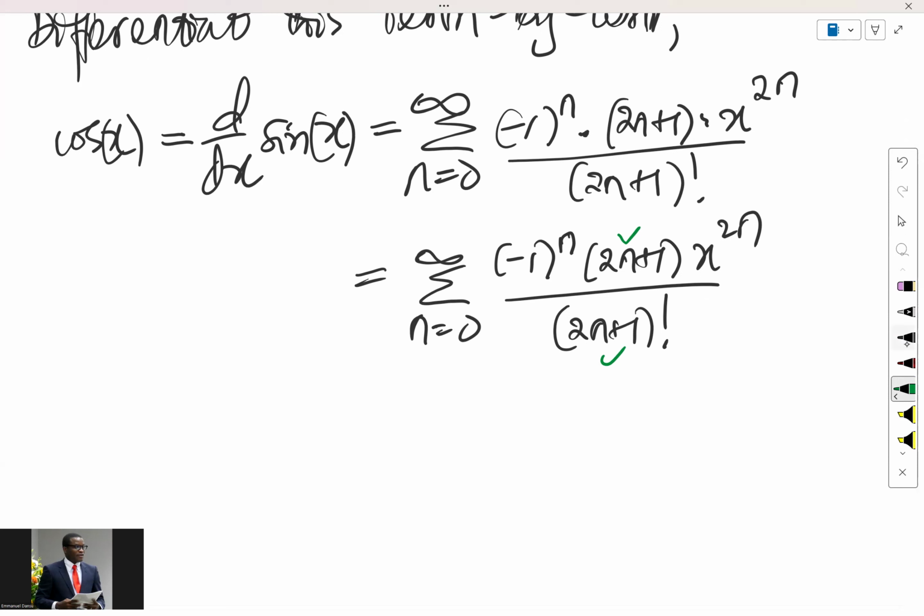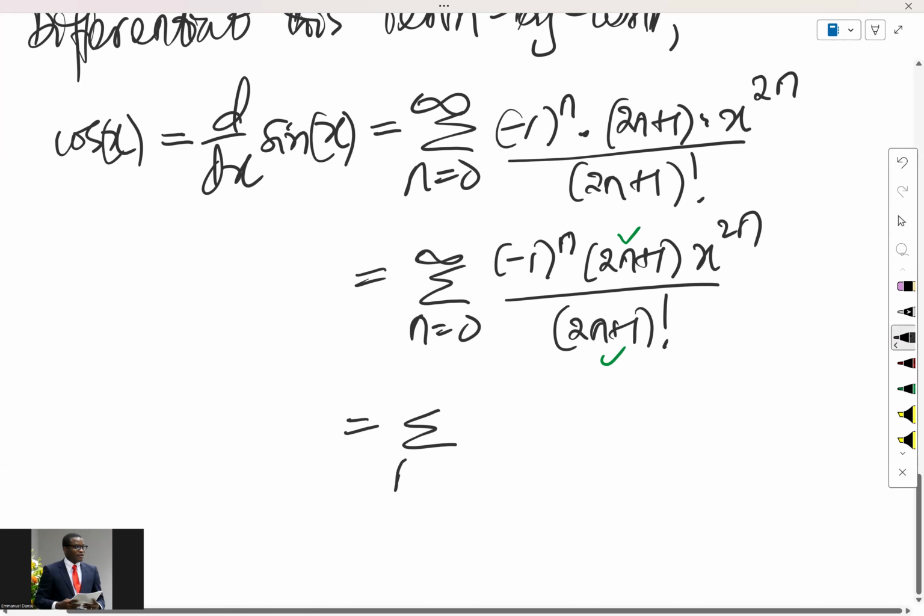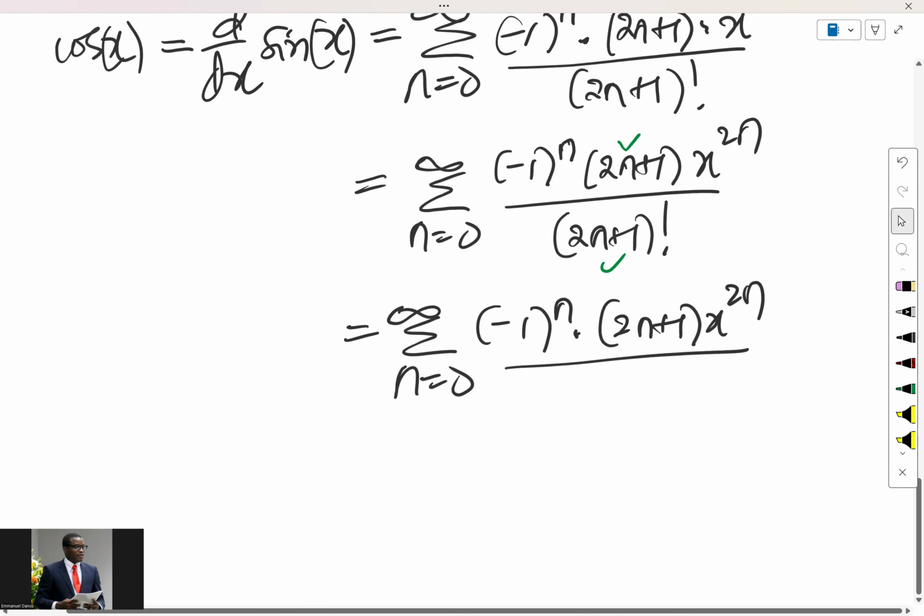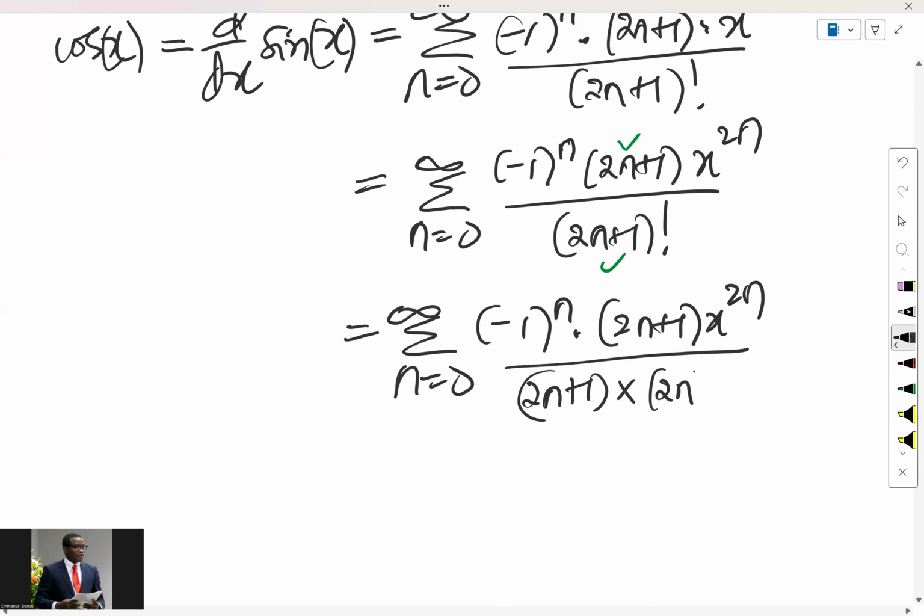So if we tidy that up, it means we have summation from n equals 0 to infinity of minus 1 raised to power n, then this is 2n plus 1, x raised to power 2n all over. 2n plus 1 factorial is the same thing as 2n plus 1 times 2n plus 1 minus 1. That's 2n, so that'll be 2n factorial like this.